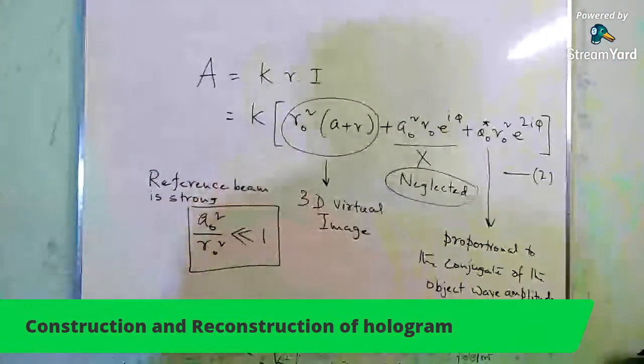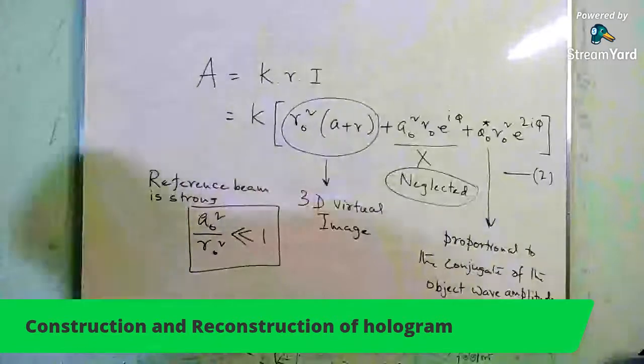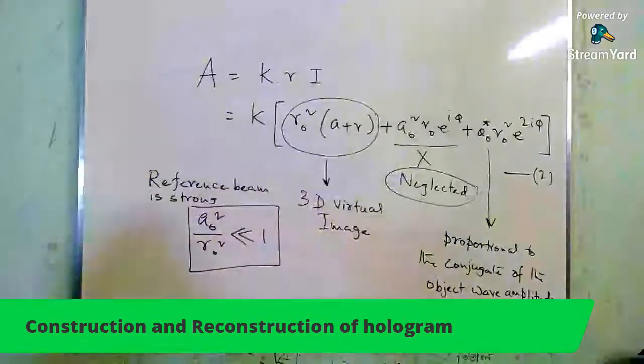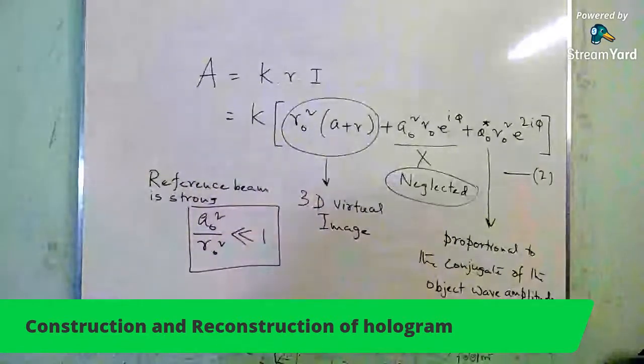Now this first term, that is k into r0 square, a plus r, gives us the three-dimensional virtual image, and the third term, that is a0 star r0 square e to the power twice i phi, which is actually proportional to the conjugate of the object wave amplitude, generates the real image.